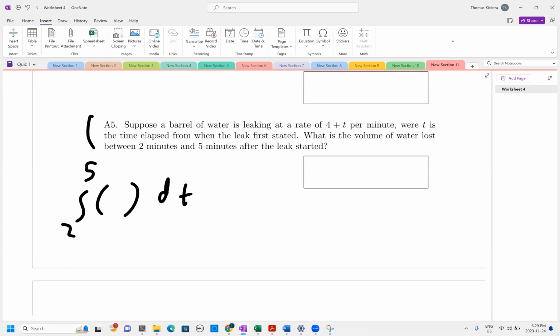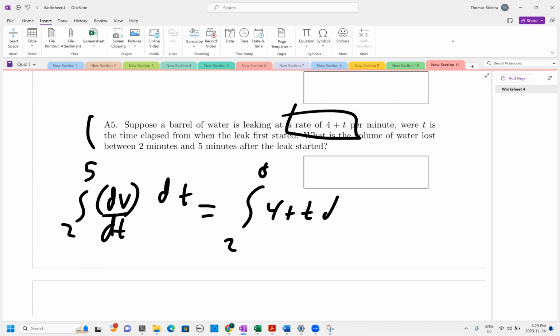This is the change in volume with respect to time, that's our rate equation. So this is equal to the integral from 2 to 5 of 4 plus t with respect to t.